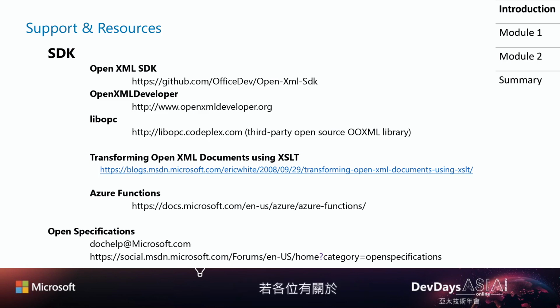If you have any questions about the Open XML file format itself, this is an open standard, but we do support it. We do have implementation notes on it, and we do provide support for implementers who are using it directly. So for the SDK, the GitHub page.